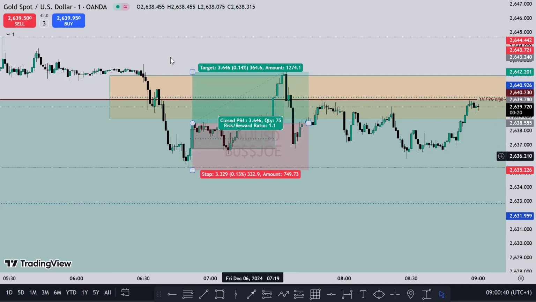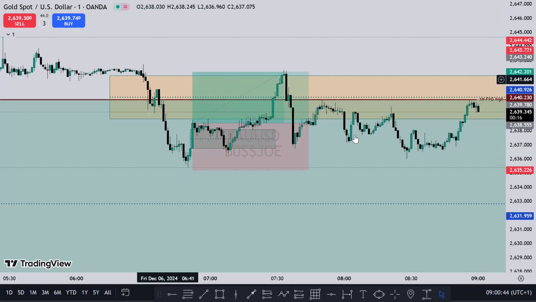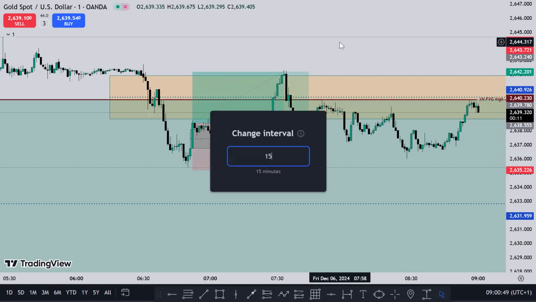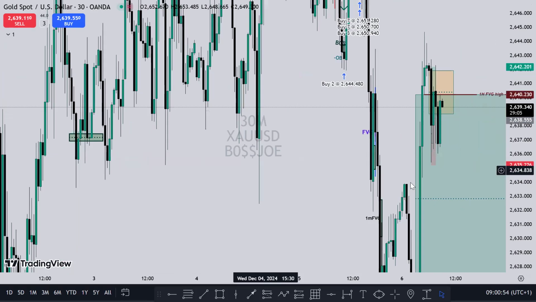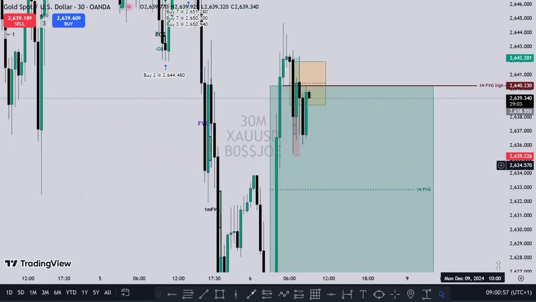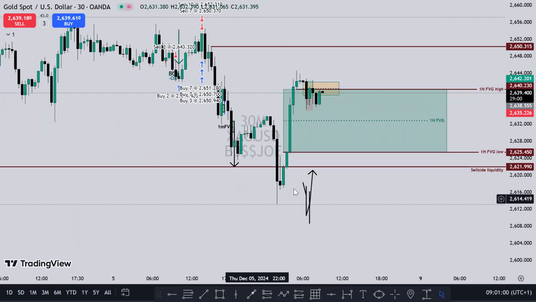Are you seeing that? But I'm looking for where price is going as price is doing this as well. If you head over to the 15 minutes, sorry, 30 minutes time frame, you notice that this 1 hour fair value gap in the 30 minutes time frame has how many fair value gaps? 2, 3.